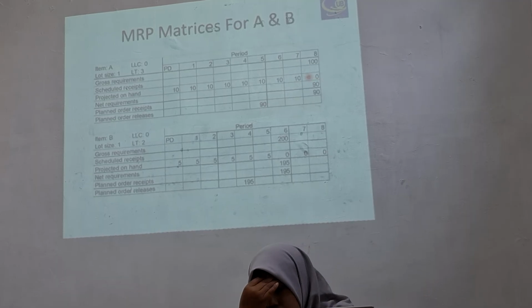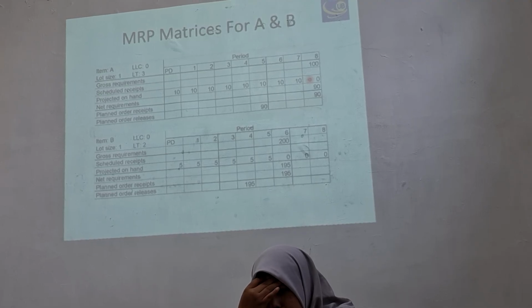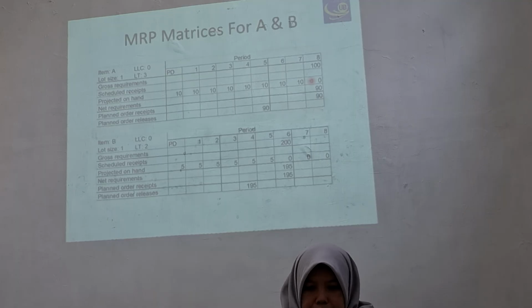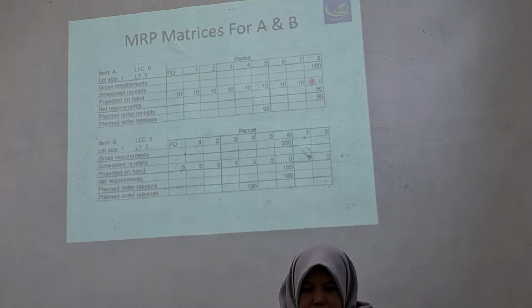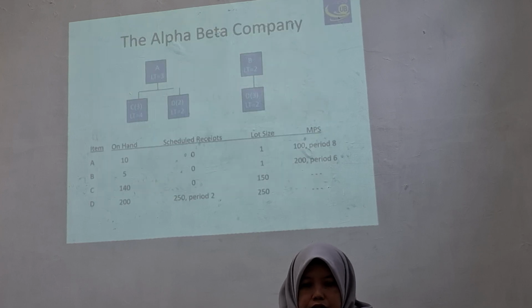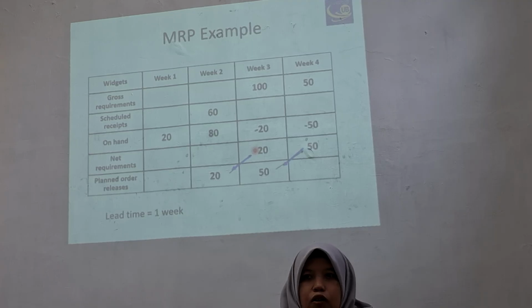I'm sorry. I think there is a different quantity in POH in this one. I think it must be minus 19 in the first week, like this on hand, to calculate the net requirement.